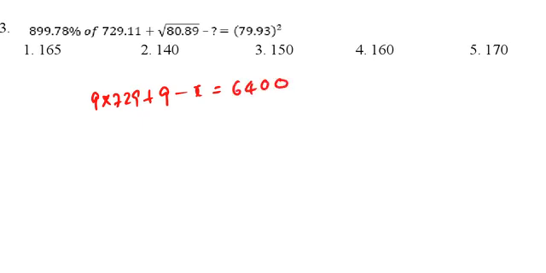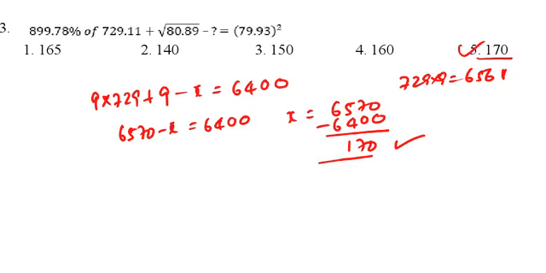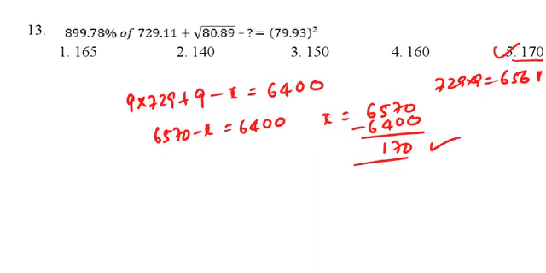Now what is 729 into 9? 729 into 9 is 6561 plus 9, that is 6570 minus x is equal to 6400. So x is equal to 6570 minus 6400, that is 170. 170 is the correct answer. 170 means option 5 is the correct answer.